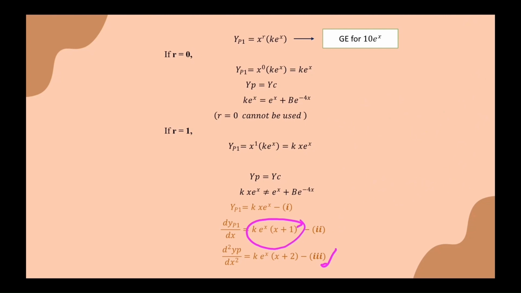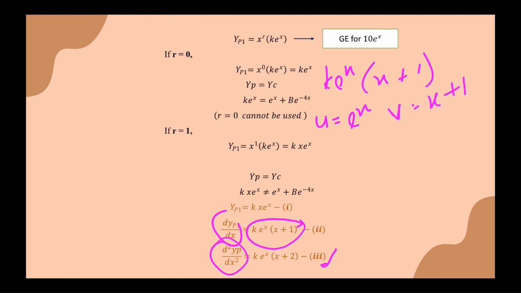Determining the second derivative is also very easy. You just need to use the first derivative, which is k e^x times (x plus 1). Here u will be equal to e^x and v will be equal to x plus 1, and u derivative will be e^x and v derivative will be 1.